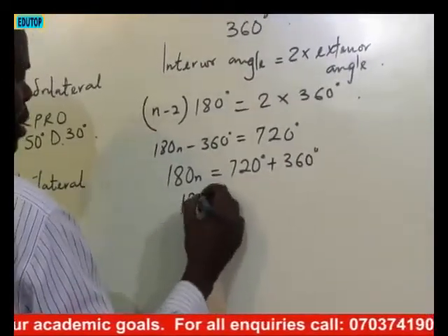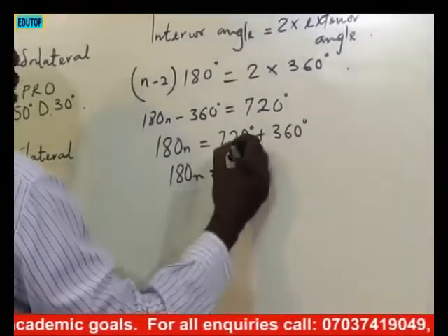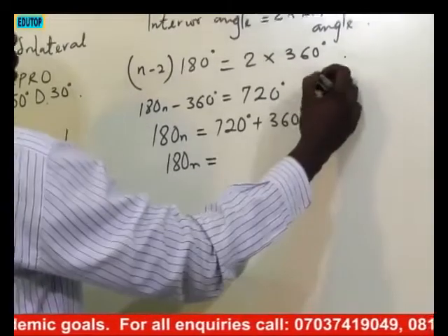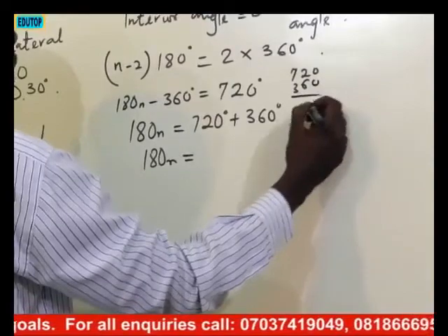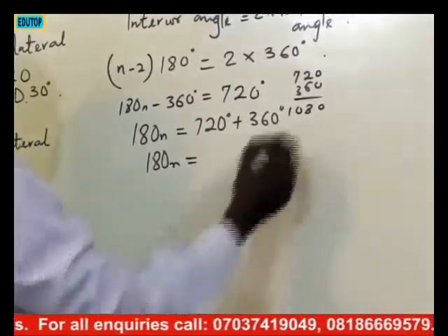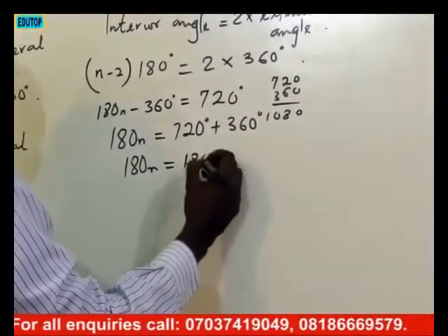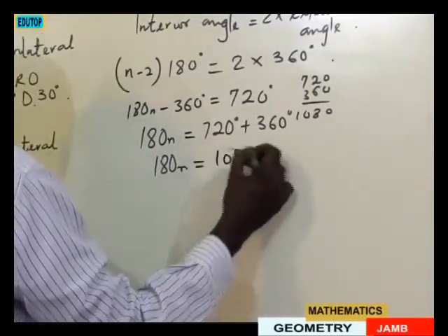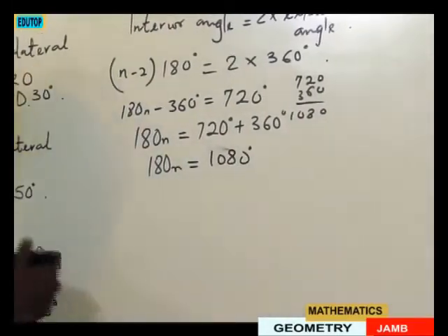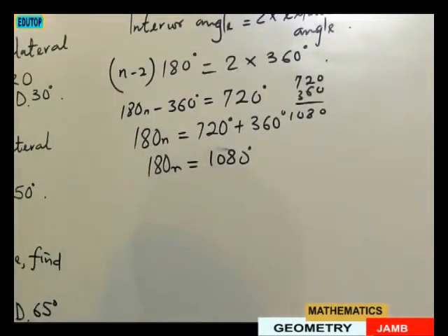Then we have 180n equals this plus this, that will definitely give us 1080 degrees.